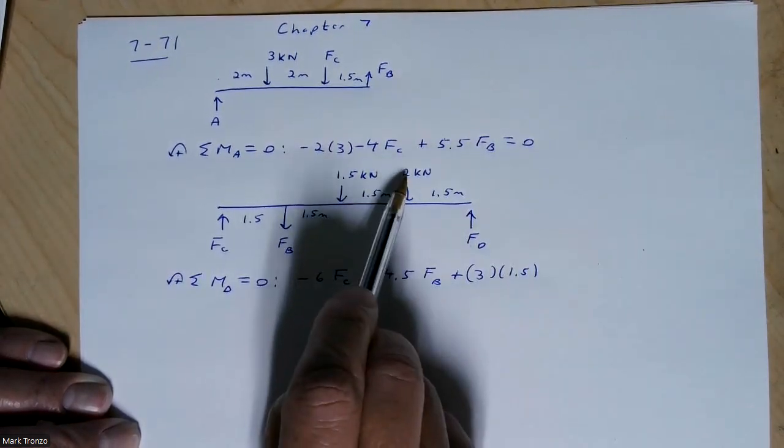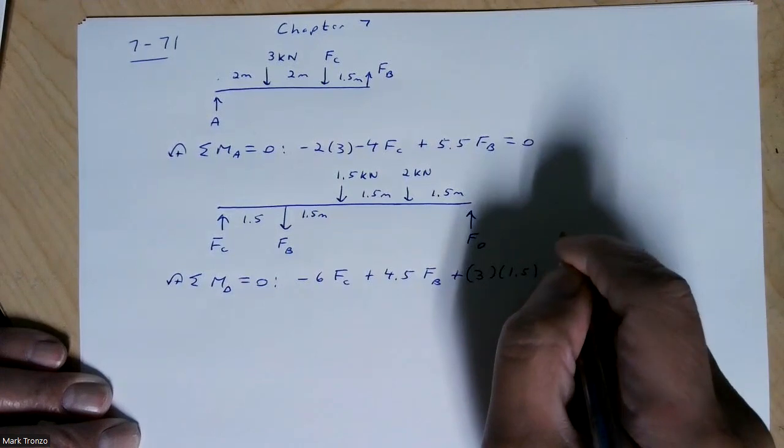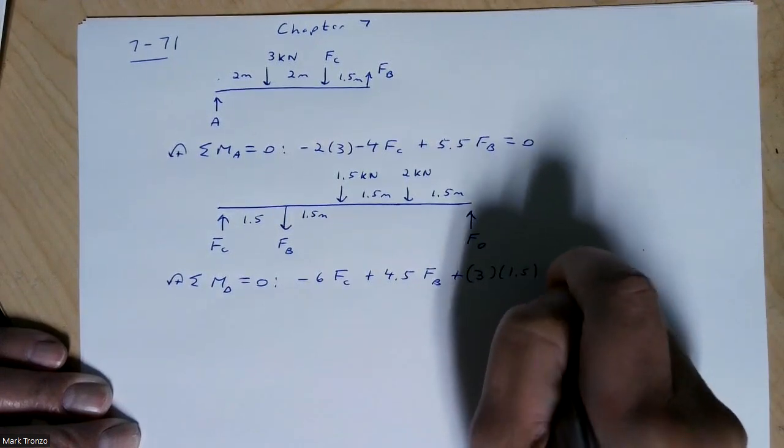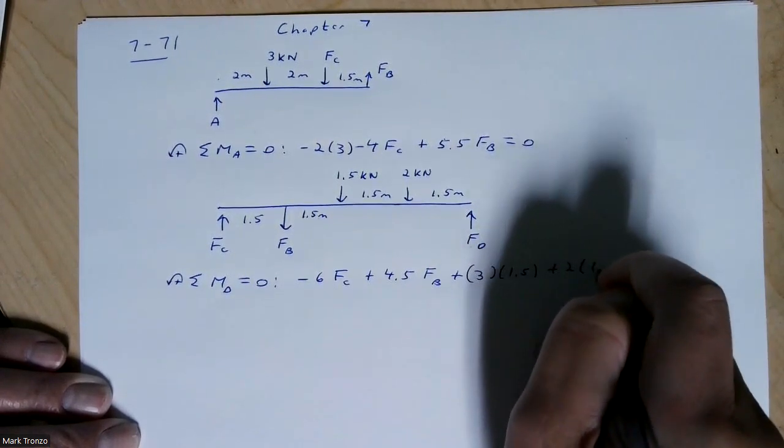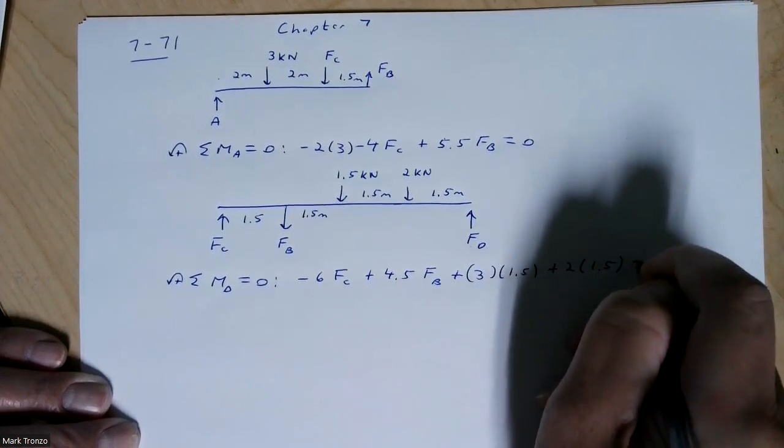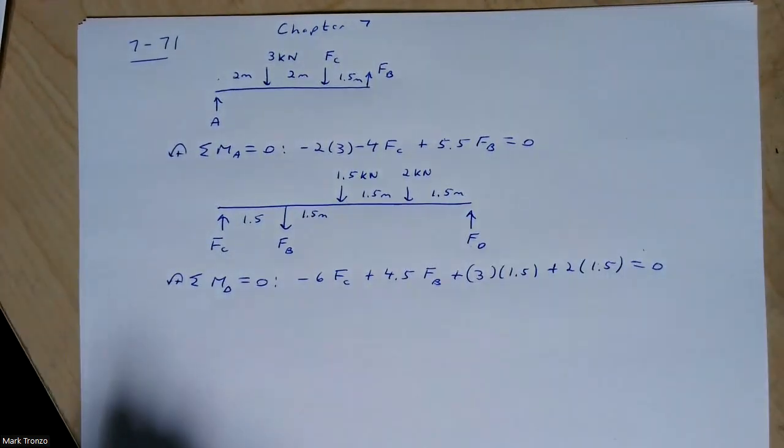And then we're also going to have 2 times 1.5. And set that equal to 0.